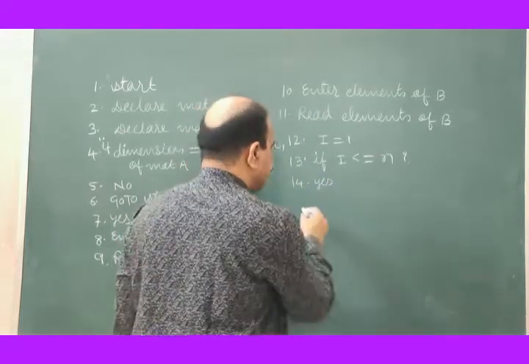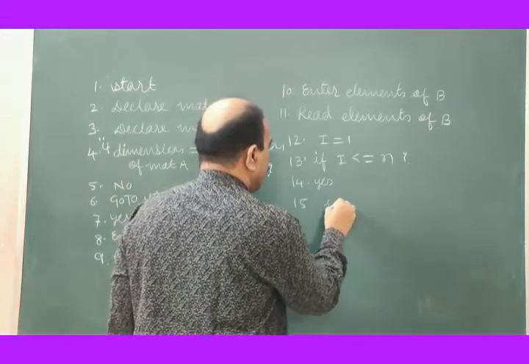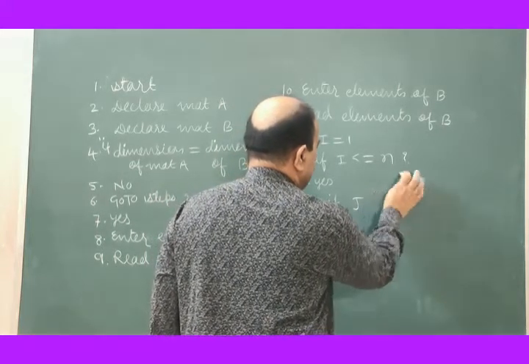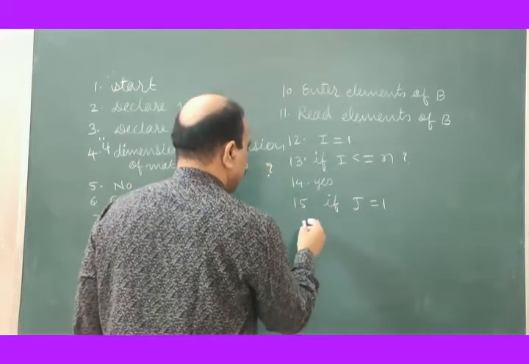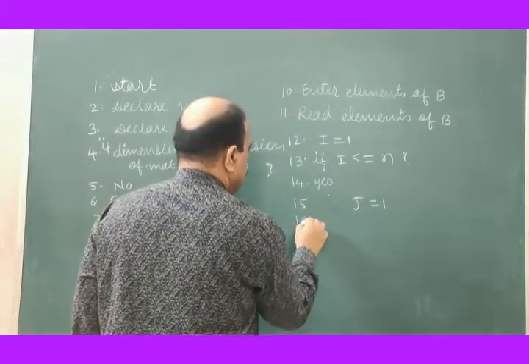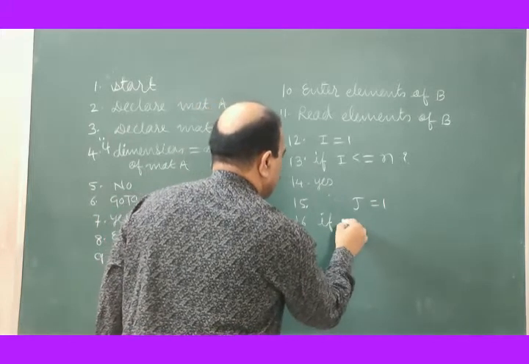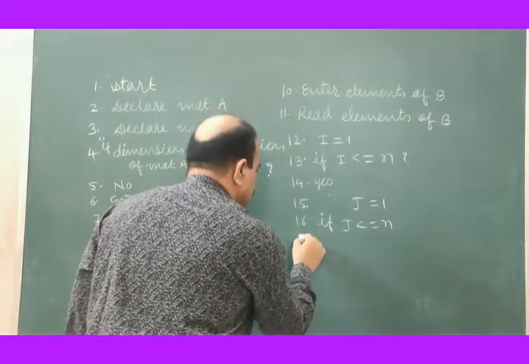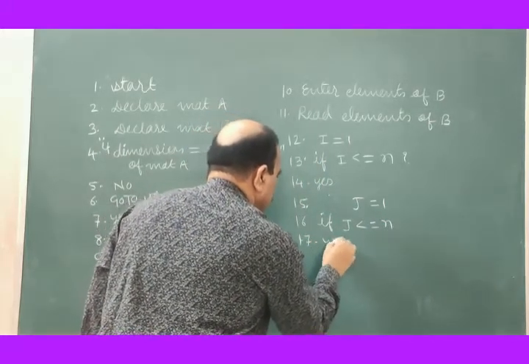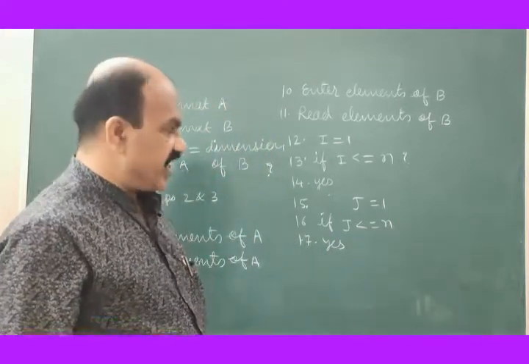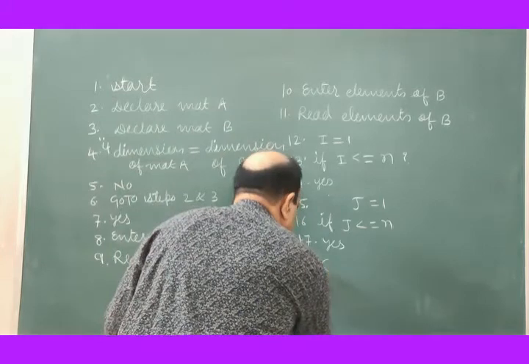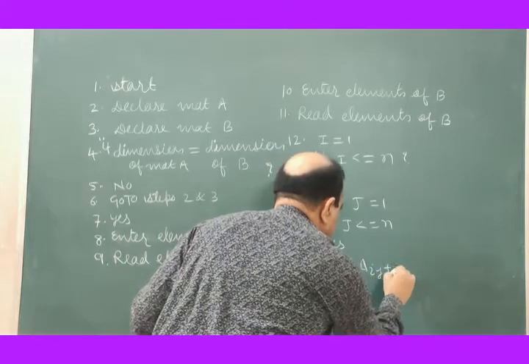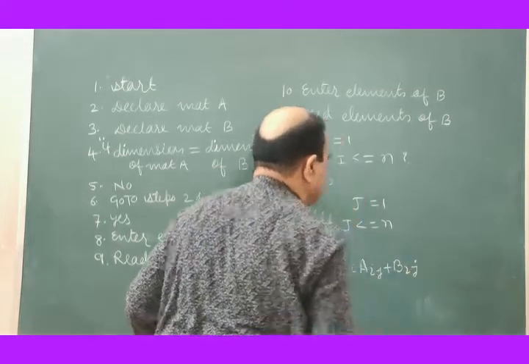if the answer is yes, j is equal to 1. If j is less than or equal to n, if the answer is yes, Cij is equal to Aij plus Bij.